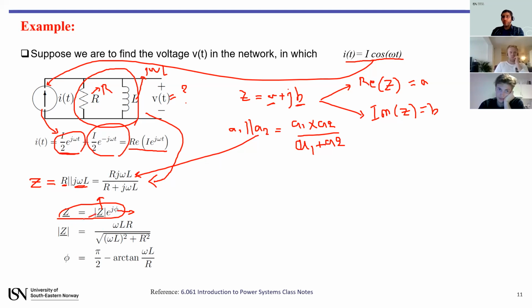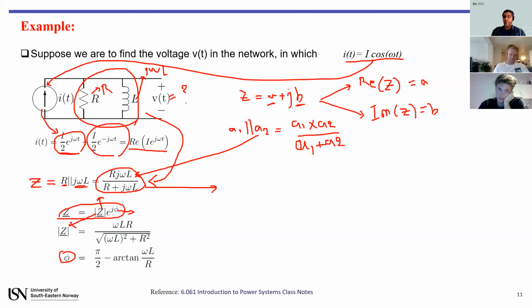The amplitude will be this one, and this one will be the angle. So maybe it's better to show here. For example, we talked about that before. When you want to calculate amplitude and phase, we want to calculate the amplitude of this term.